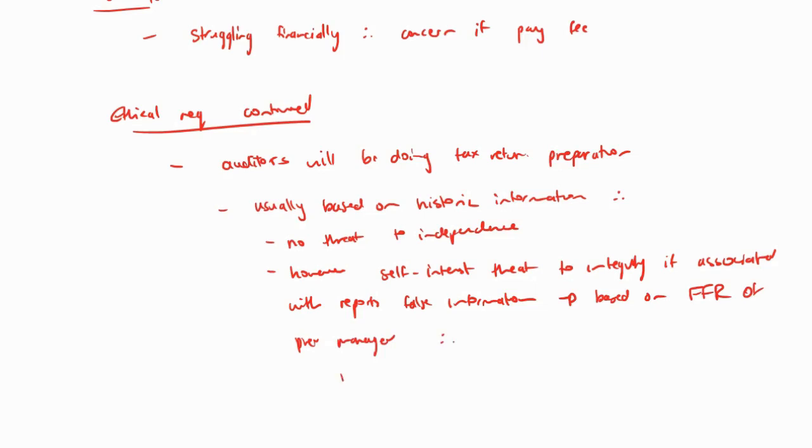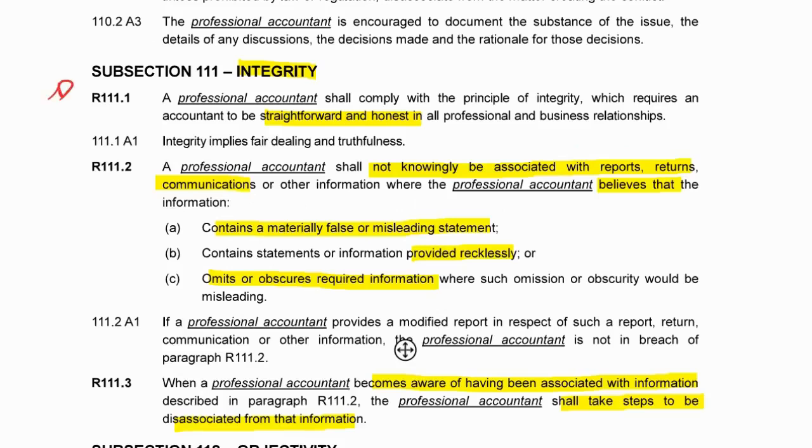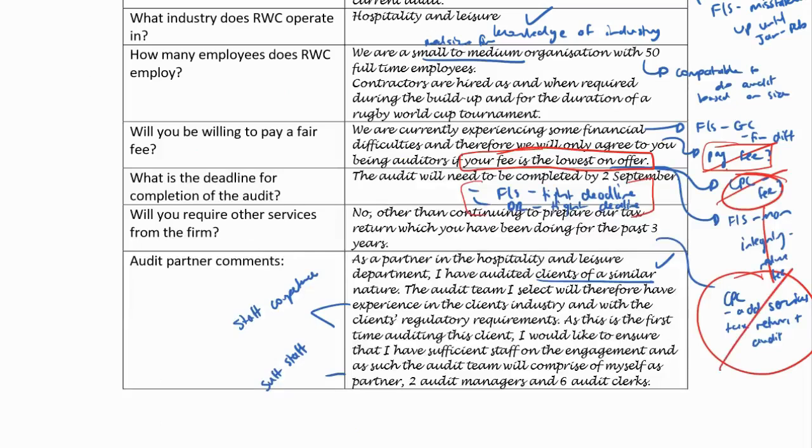And therefore they should not be associated with returns of this nature. Okay, let's quickly go to your integrity definition. Section 111 says you should not be associated with returns that have false or misleading information. Okay, so now I've dealt with that.